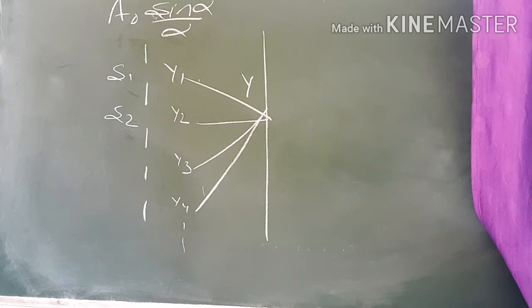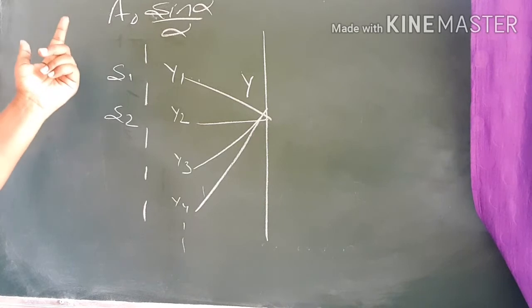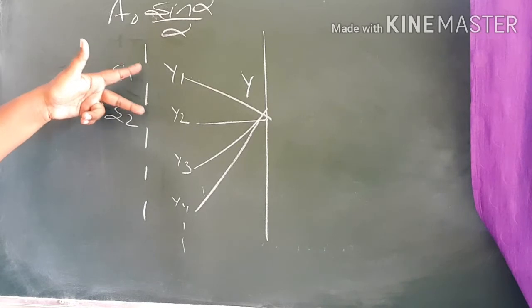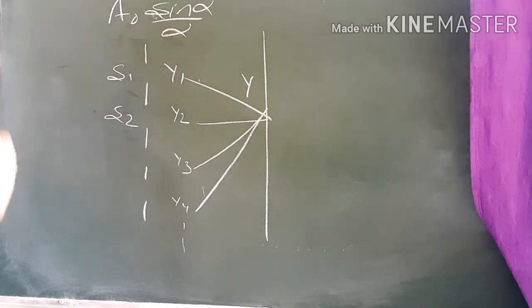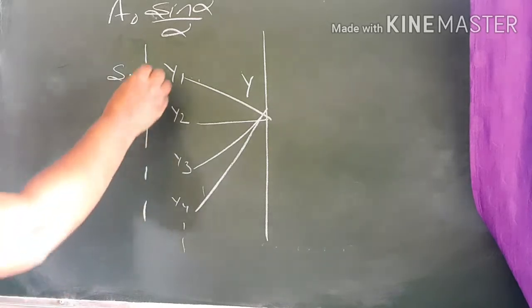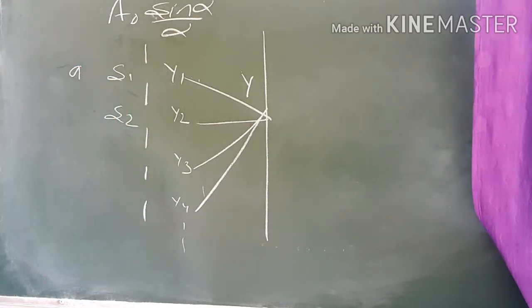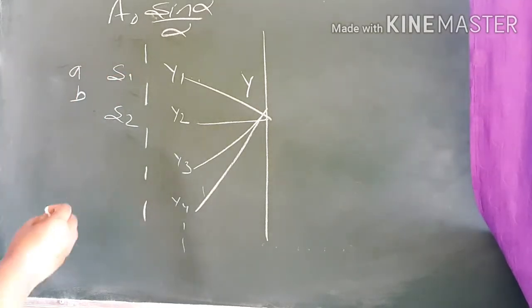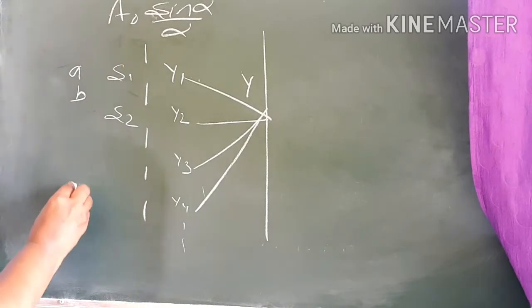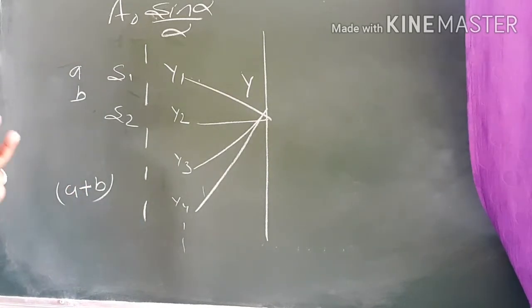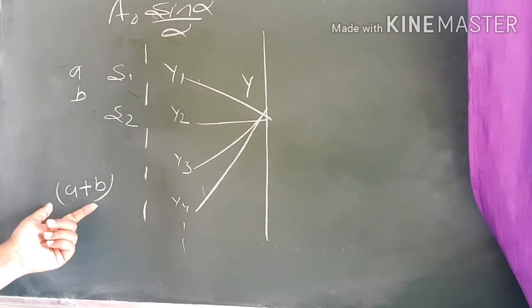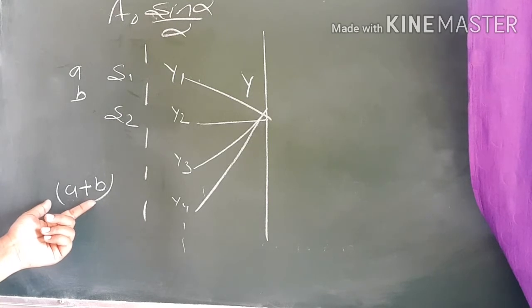In this case, the diffraction is also from the single slit as in case of double slit, and if two slits are involved, then there is an interference pattern. Suppose small a is the width of slit and small b is the separation between two slits. Then any two points having a separation of a plus b are known as corresponding points.